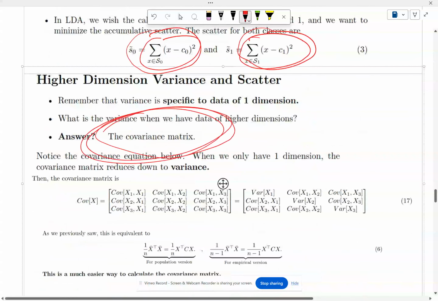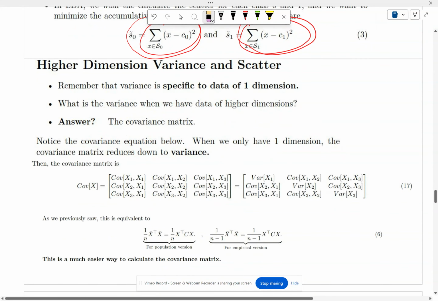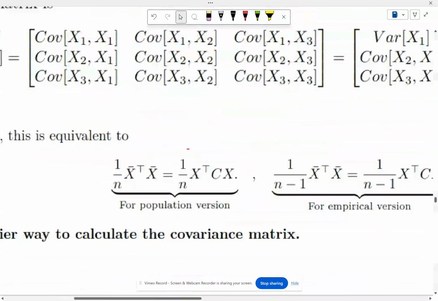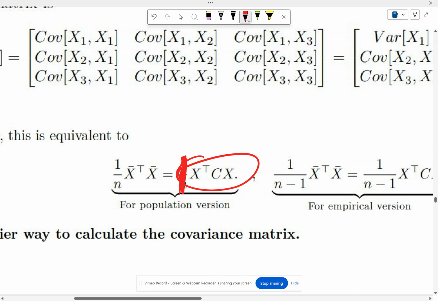So we did all these things to learn what the covariance matrix is. And we learned that the simplified version of writing the covariance matrix is just this multiplication. Now, the covariance matrix has a parallel equivalent for scatter. For scatter, it also has a matrix, and the only difference is they don't have 1 over n anymore. Everything else is the same.